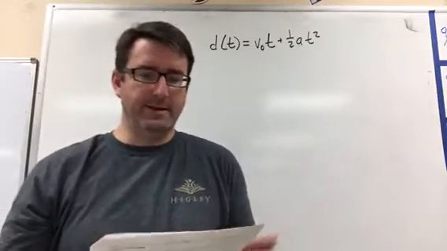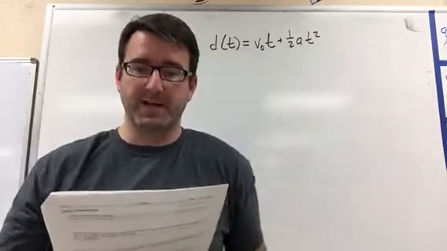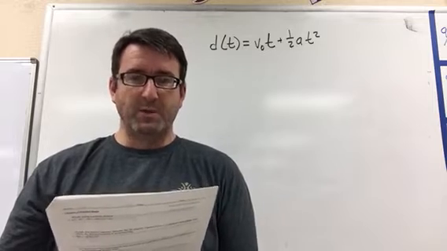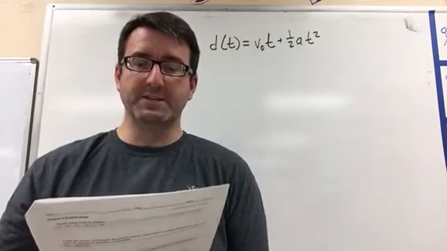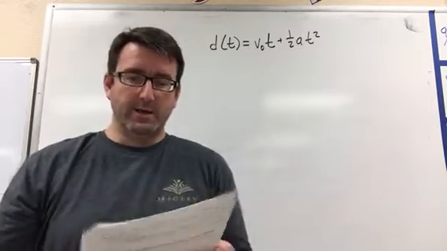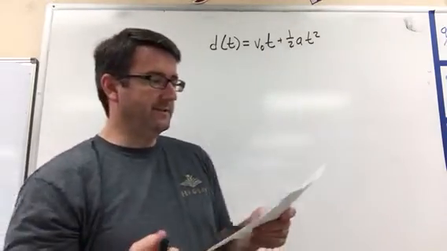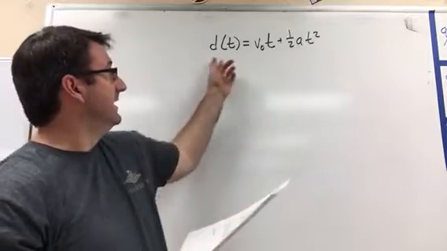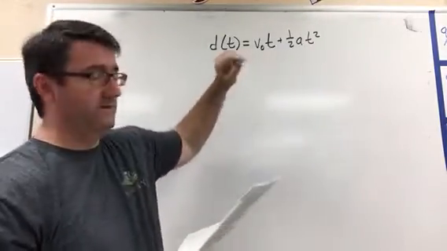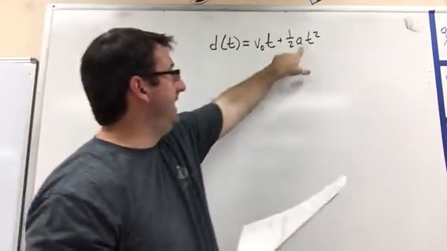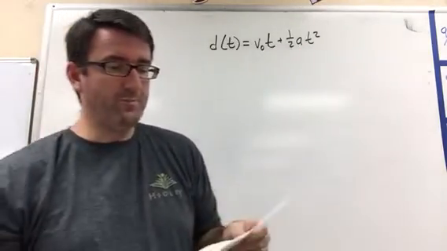All right, number 9 says an automobile moving at 12 meters per second on level ground begins to decelerate at a rate of 1.6 meters per second squared. The formula for the distance an object has traveled is this, where v naught is the initial velocity and a is the acceleration.